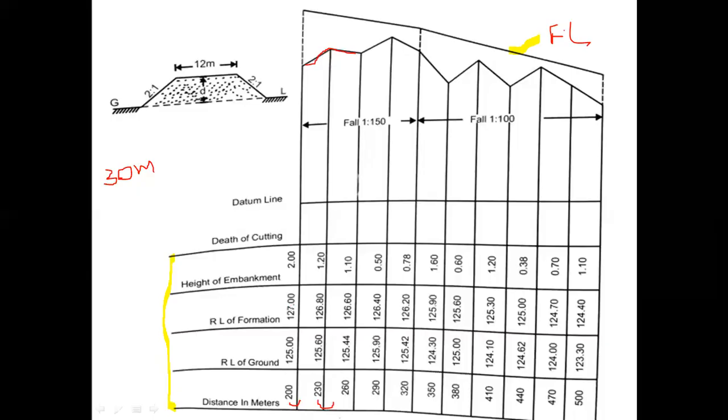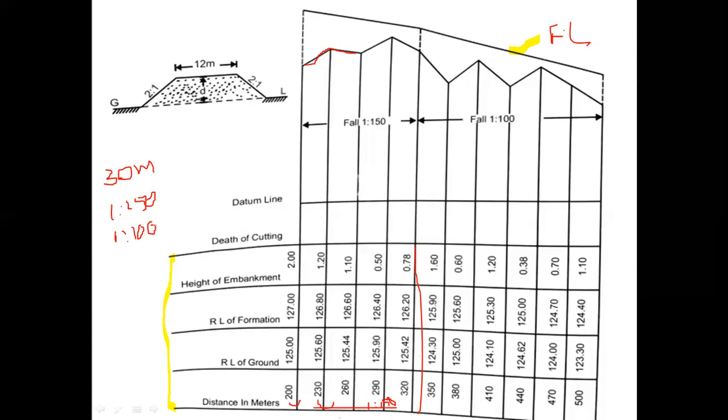Next RL of formation: up to 320 the gradient is 1 in 150, and then 1 in 100.